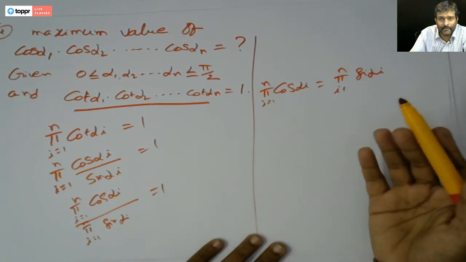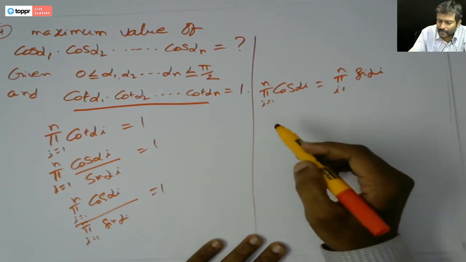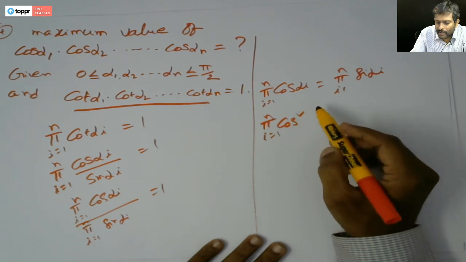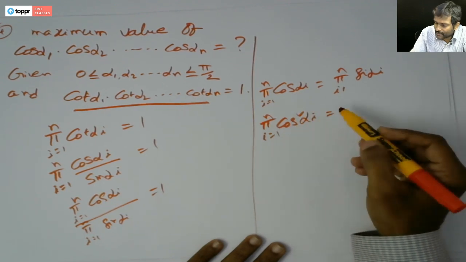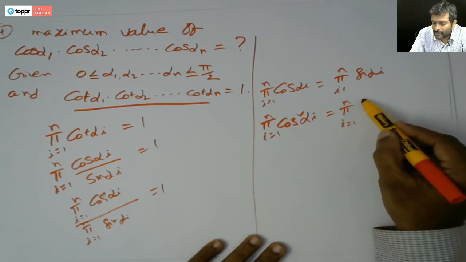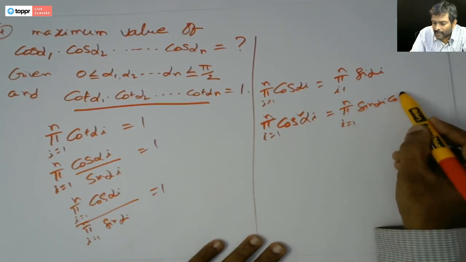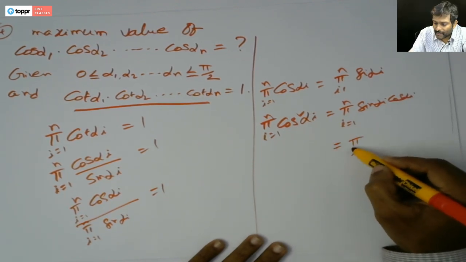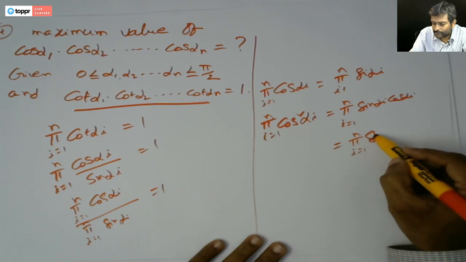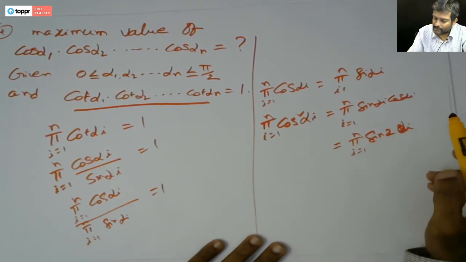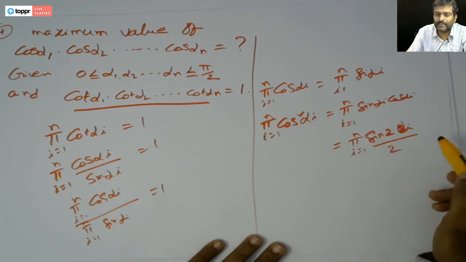You can multiply it, the product still remains the same. So the product with I running from 1 to n, when I multiply with cos, becomes cos square alpha I, which is equal to the product of sine alpha I and cos alpha I. Then this can be written as the product of sine 2 alpha I by 2, because there is a 2 missing.